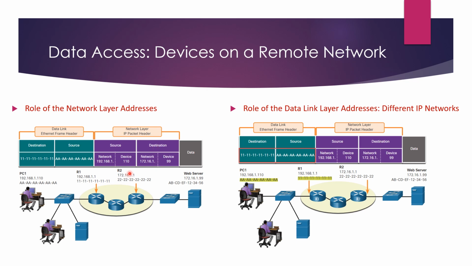The IP address of the sending device is 192.168.1.110, and the IP address of the receiver, which is the web server, is 172.16.1.99. As you can see, the network portion of the IP addresses is different.